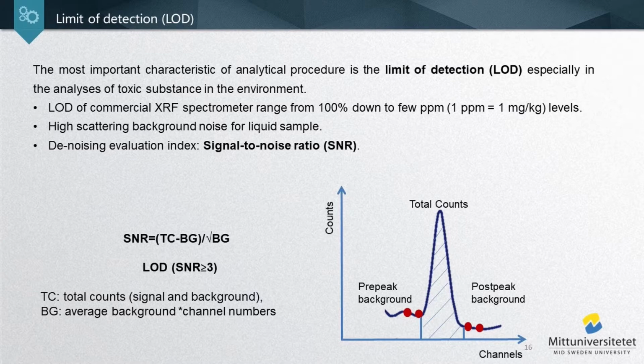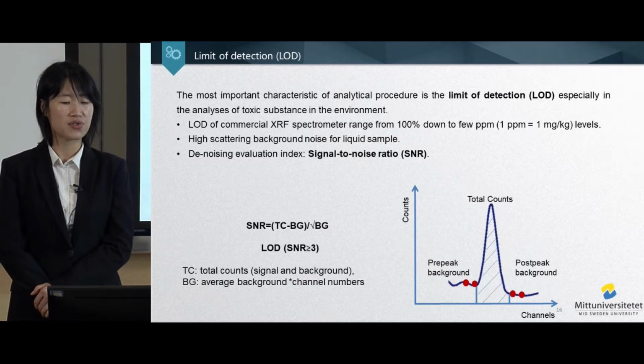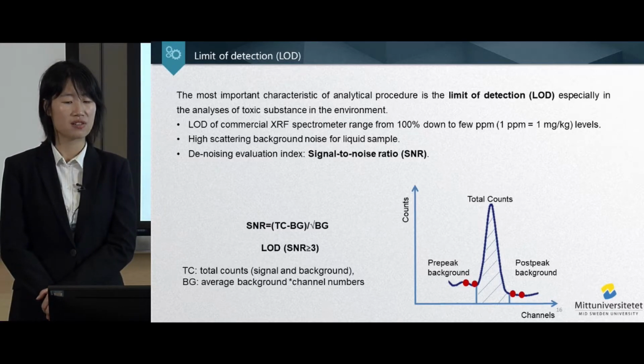The definition of SNR is the total count, which includes both the signal and the background, minus the background, and then divided by the noise, which is the square root of the background signal. And a commonly accepted definition for the limit of detection is when the SNR is greater than 3, which means that the characteristic peak of an element at a given concentration is greater than the background by a statistically significant amount.